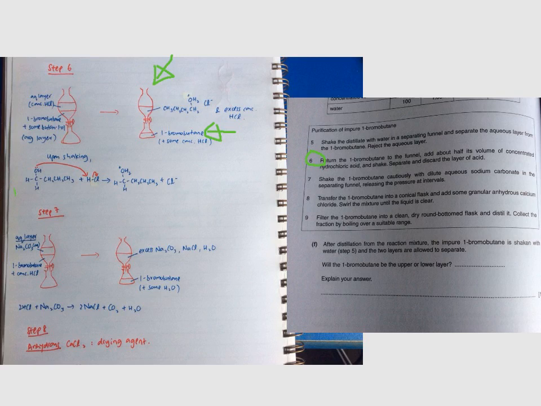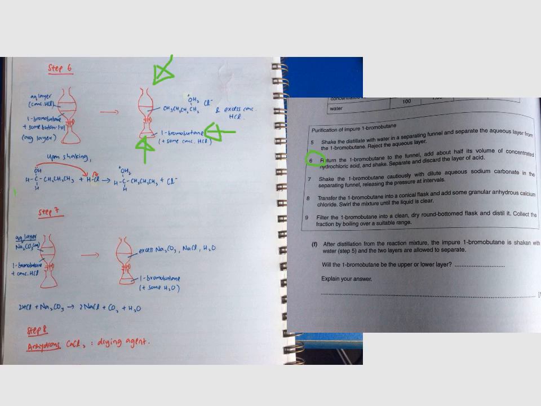However, in the 1-bromobutane, there is the possibility of having some concentrated HCl present in the conical flask. You may not know, because the excess con HCl, some of it, when you are releasing into the conical flask over here, may be released into the conical flask as well.